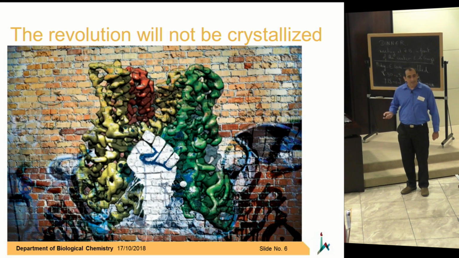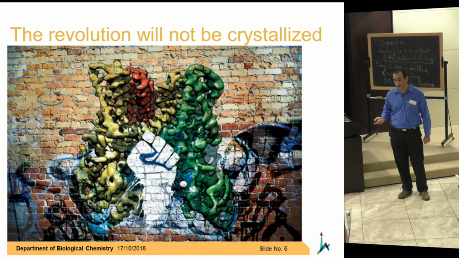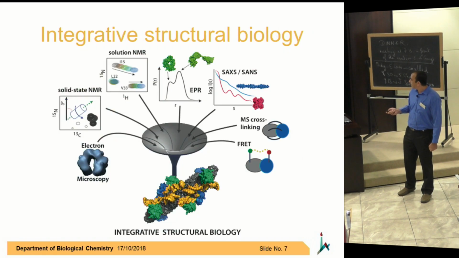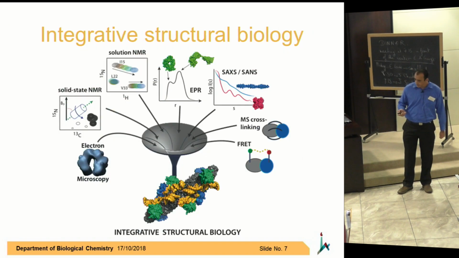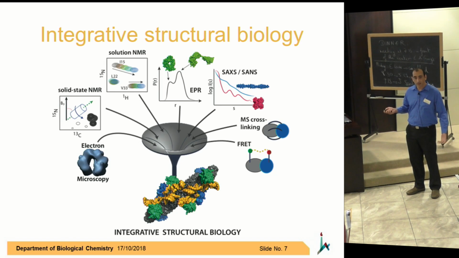So the idea of integrative structural biology is to use other biophysical techniques to identify signatures of those different structures and to classify them. And indeed, nowadays you have a lot of different techniques being used for that. The most famous one is structural determination from cryo-EM experiments.